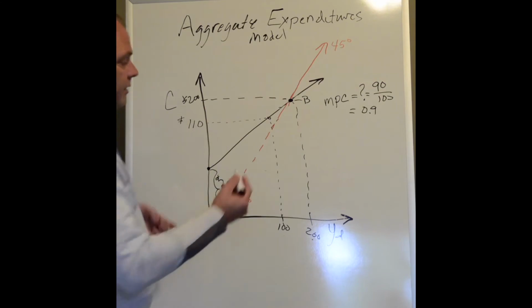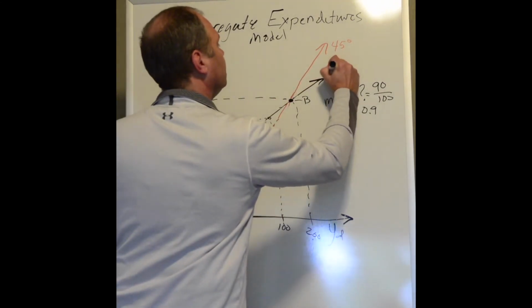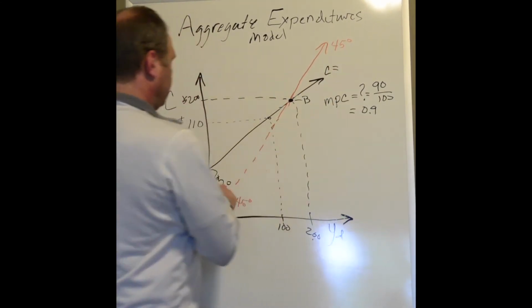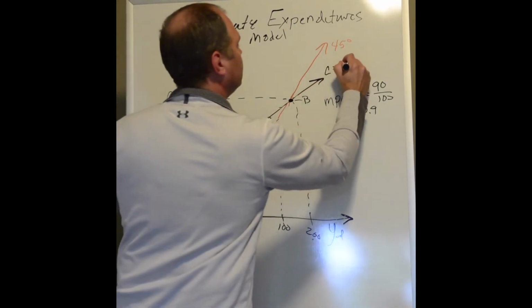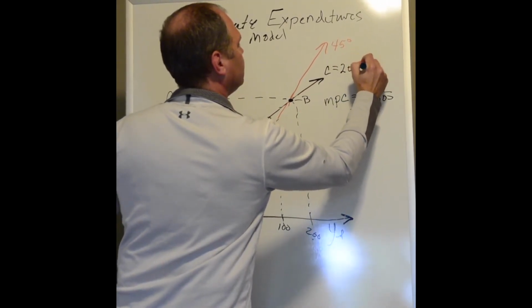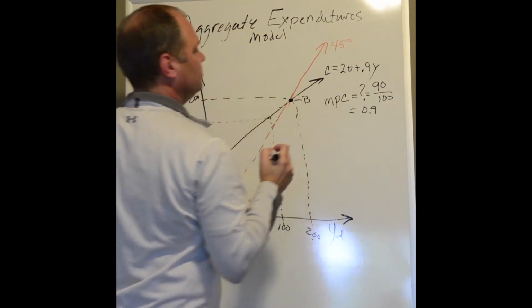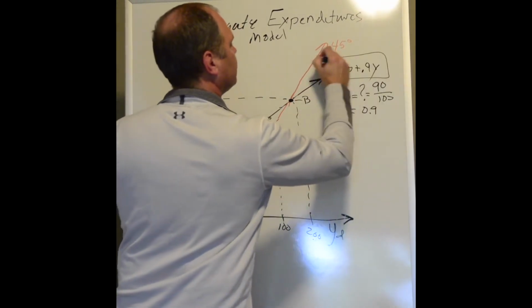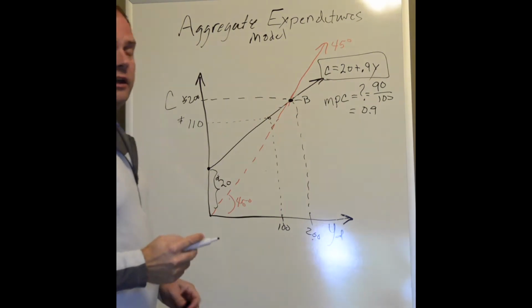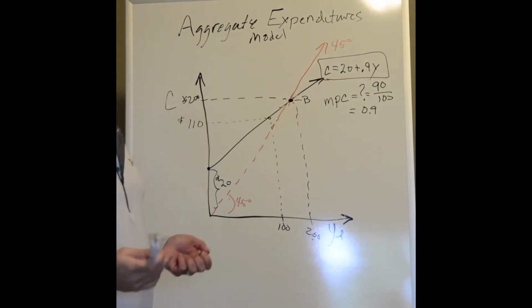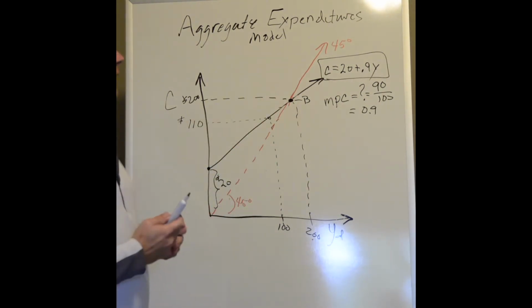The equation then for this line is the intercept, which is 20, plus 0.9 y. So here is your consumption function, and that maps out all the different combinations of consumption and income you have.